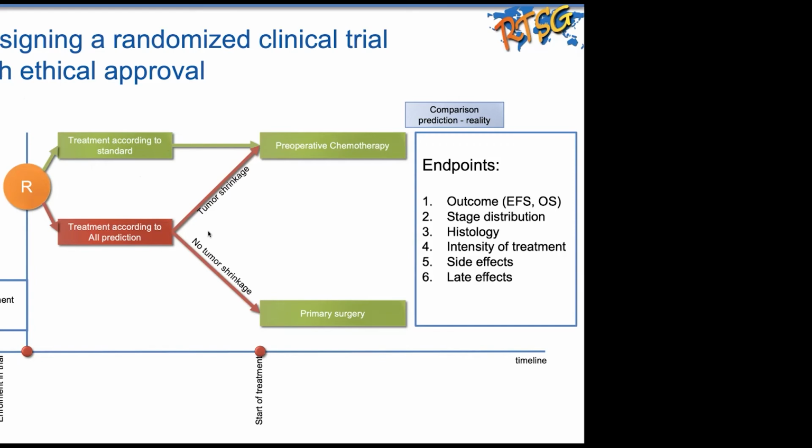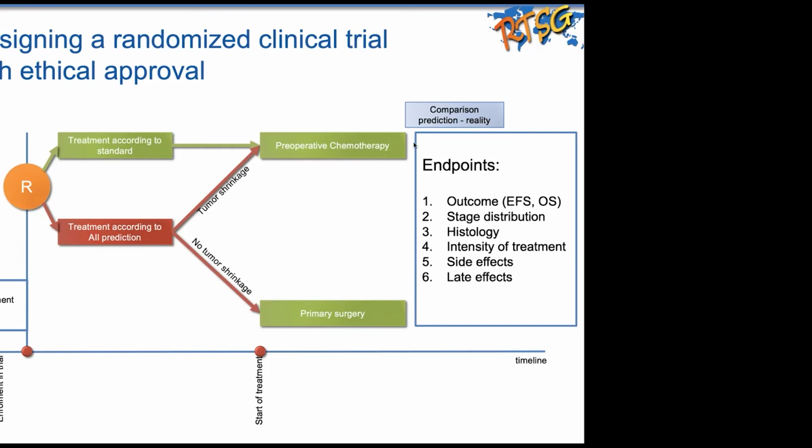And then you can see what happens here in the standard treatment. They all receive preoperative chemotherapy. And those patients who are treated according to the AI model, only those that the AI model shows a tumor shrinking receive chemotherapy. And those where the AI model is not predicting a tumor shrinking, you go to primary surgery.